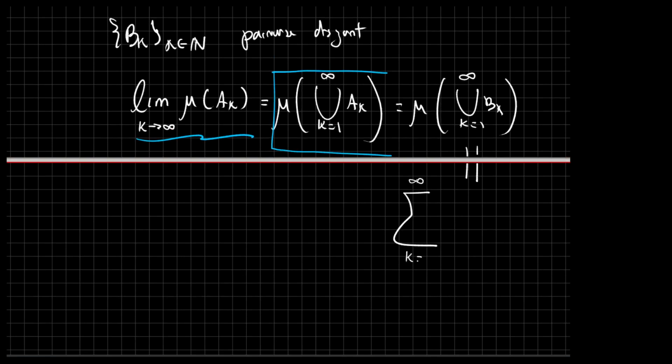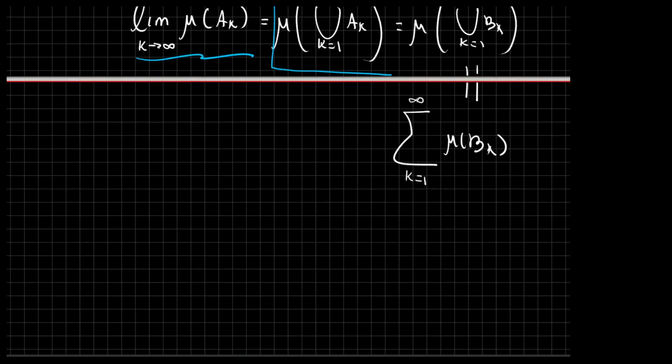So this will be equal to the series here. Now you know that this infinite sum is in fact equal to the limit, as k goes to infinity, of finite sums, perhaps we can write here until k. This is the definition of an infinite summation, right?